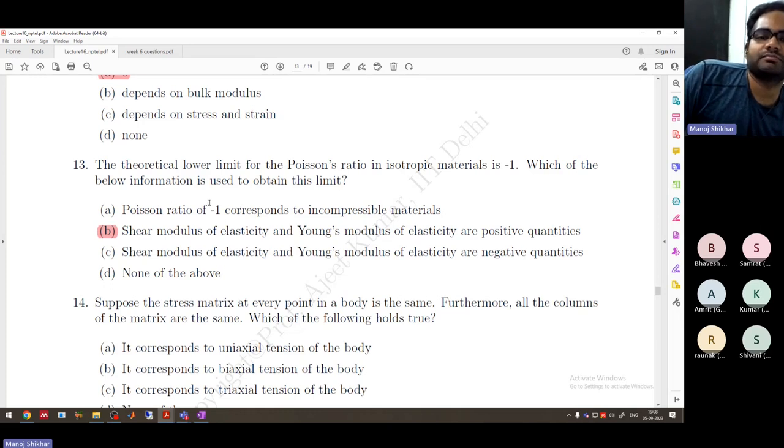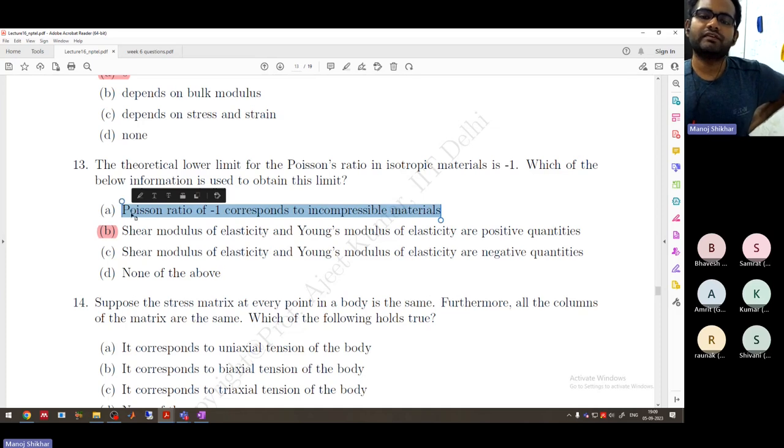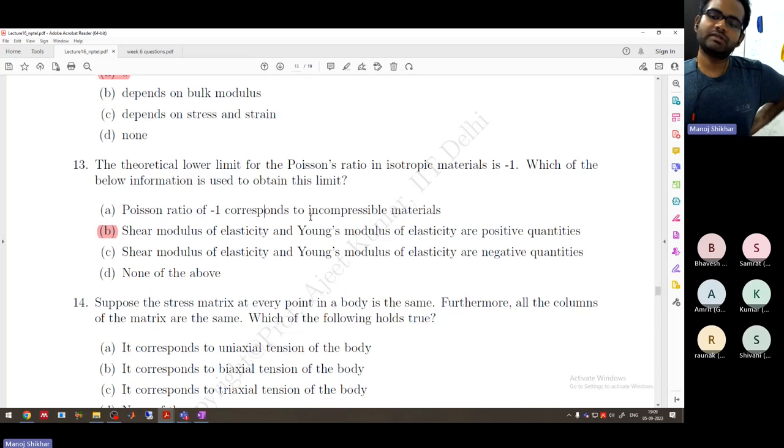It is actually 0.5 for an incompressible material, and this comes from the bulk modulus formula. There we have E by 3 into 1 minus 2 mu. So 1 minus 2 mu cannot be negative, and that's why we get the maximum limit that mu can be 0.5 only. So for an incompressible material, mu is 0.5.